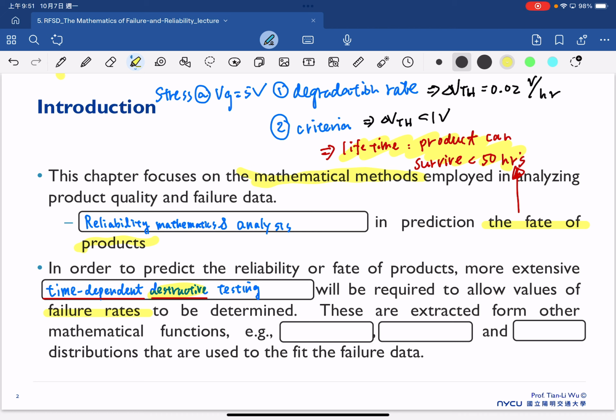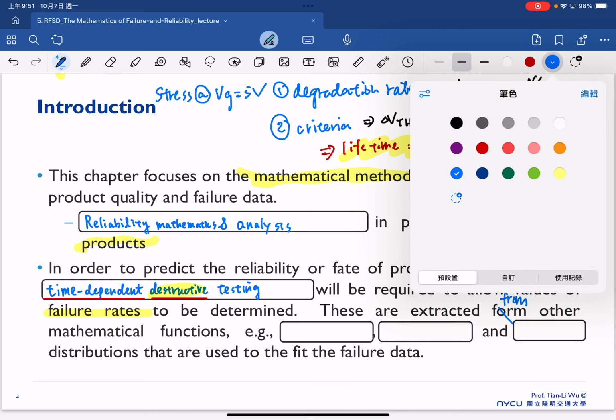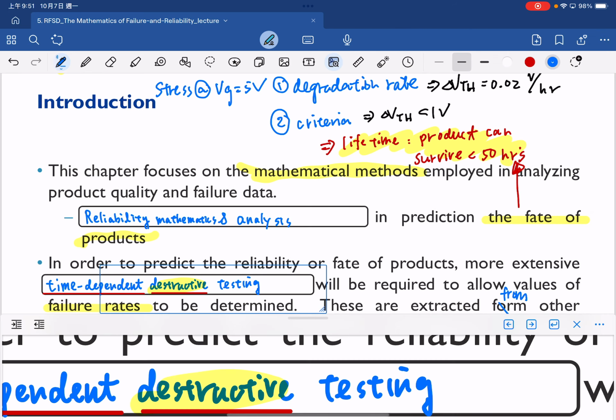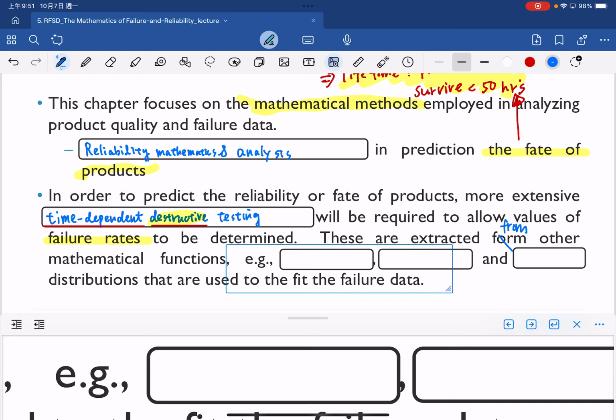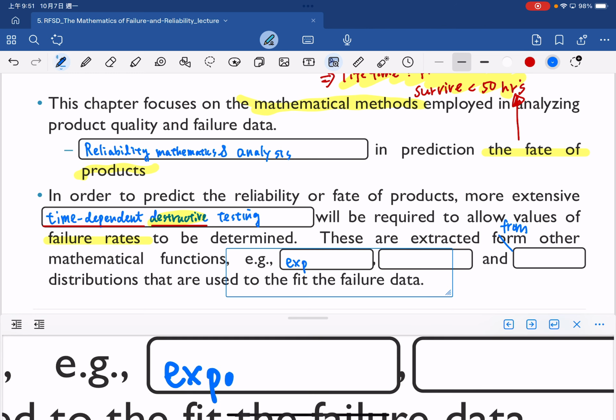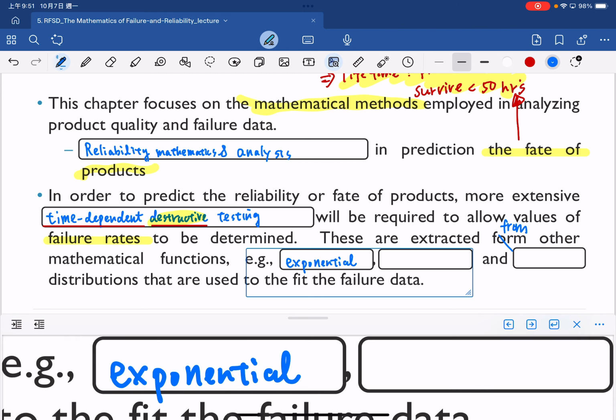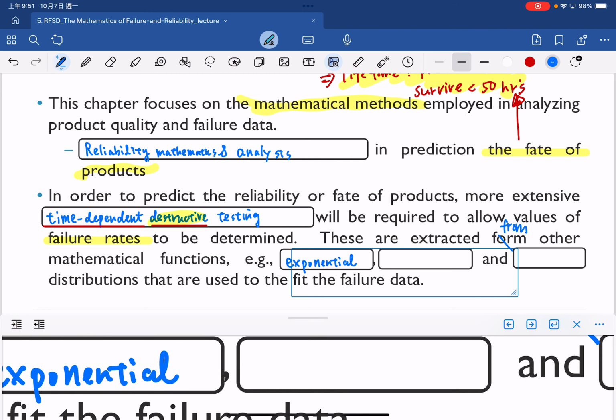So, these are extracted from the other mathematical functions. For example, exponential. The exponential one is the simplest function we very often use.